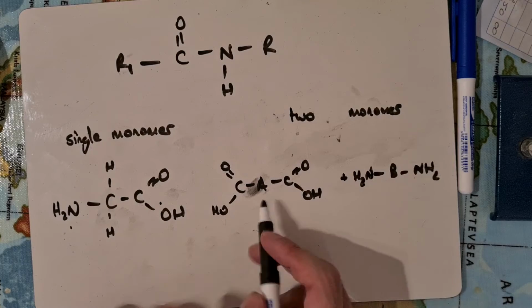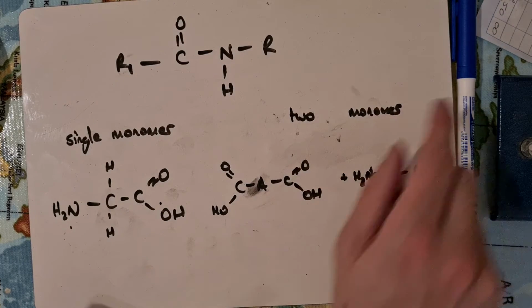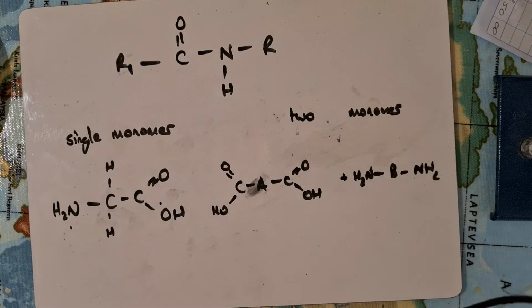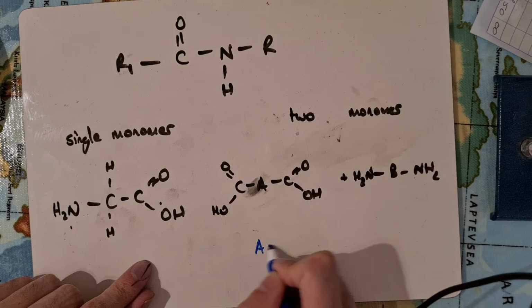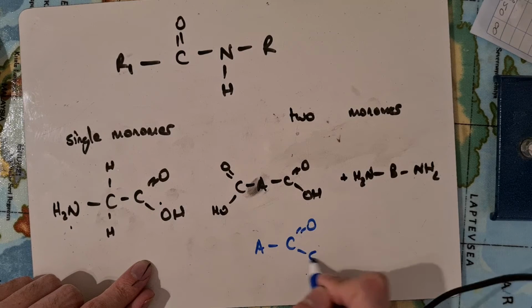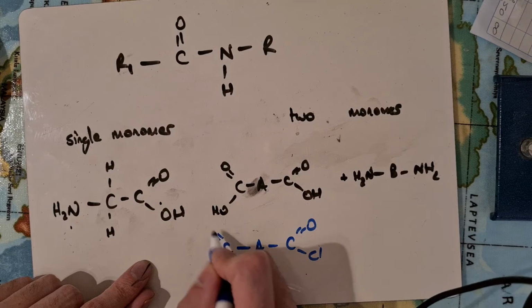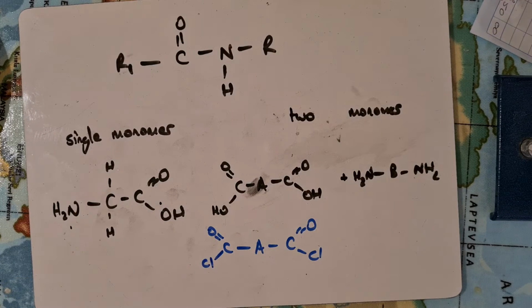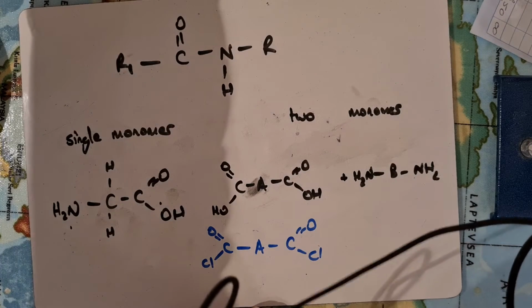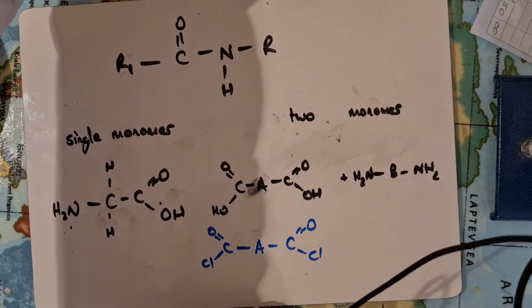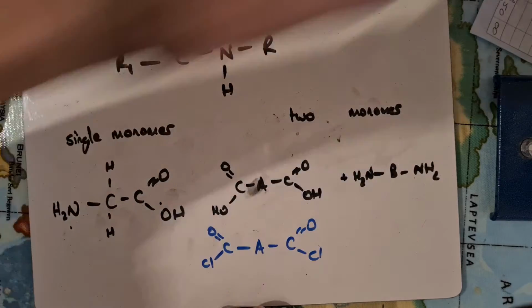Instead of a carboxylic acid group, we can form them from acyl chlorides as well, in some cases. So it could be a carboxylic acid, it could be an acyl chloride. So on page 12, you need the general equation.